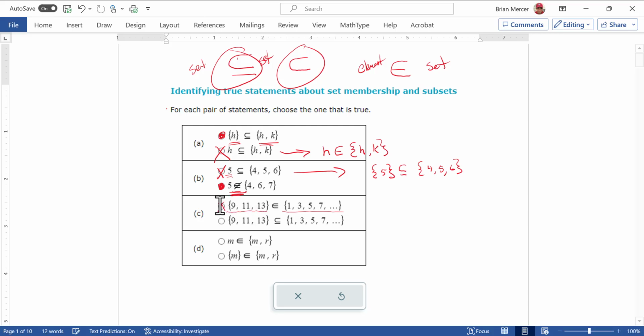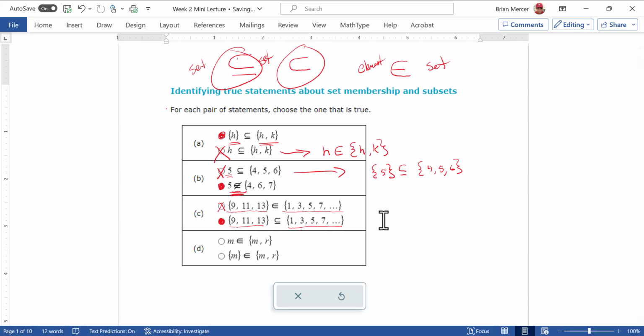So that one can't be true. We assume this other one's true, but we're going to verify that. This one says the set containing 9, 11, 13 is a subset of the set containing 1, 3, 5, 7. And remember, these dots mean it goes on and on. The pattern continues.